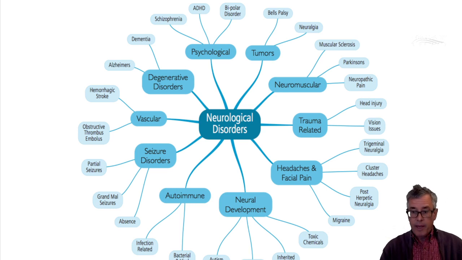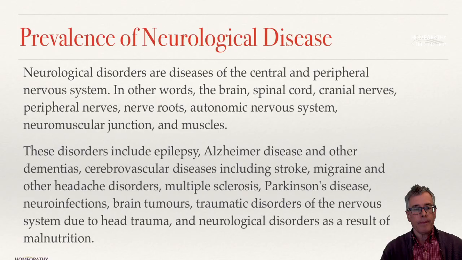And then trauma, how those affect, from head injuries especially, vision issues, etc. And then headaches and trigeminal facial pain, we see migraines as well. And that's what this case is really all about. But not to forget any of the other causes. The general syndromes are all covered by homeopathy.